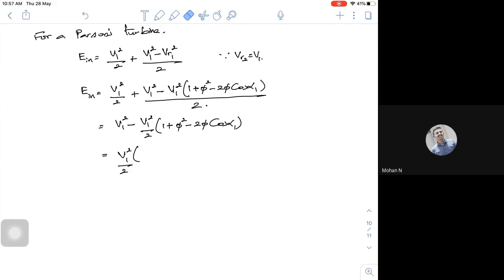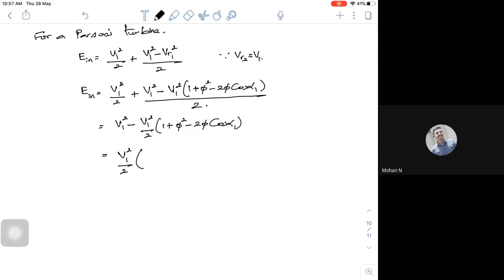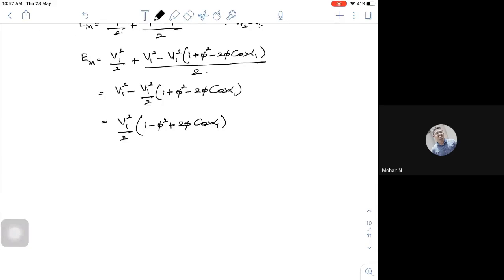So this will be 1 minus phi square, minus into minus is plus 2 phi cos alpha 1. This will be the expression for energy in for a Parson's turbine.